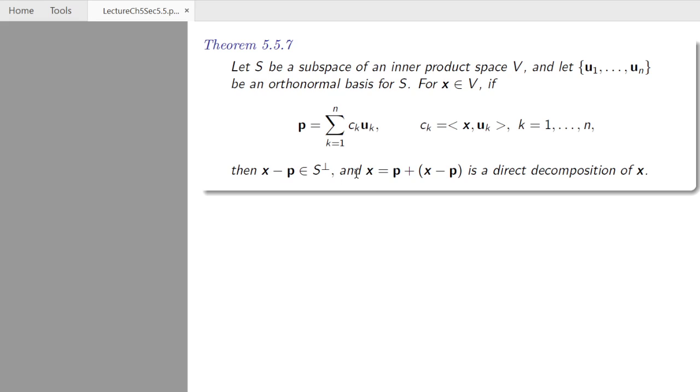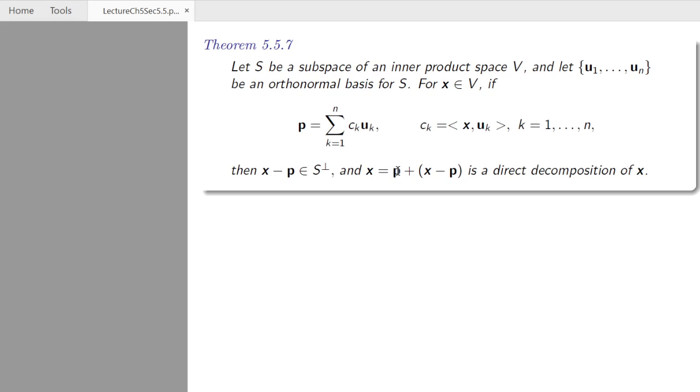And we can write X equals P plus X minus P. Of course, this is true, because P plus negative P gives 0. So this is a simple decomposition for vector X belonging to V. But more precisely, this is a direct decomposition for the vector X. Why?